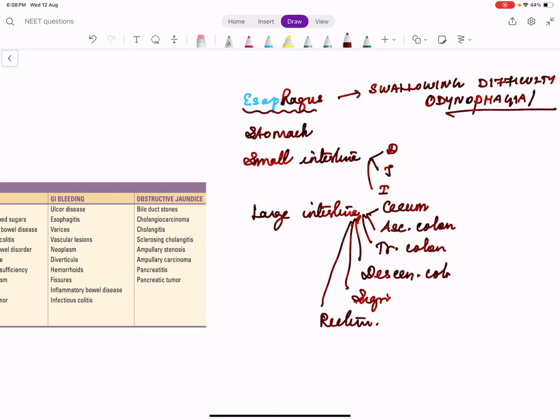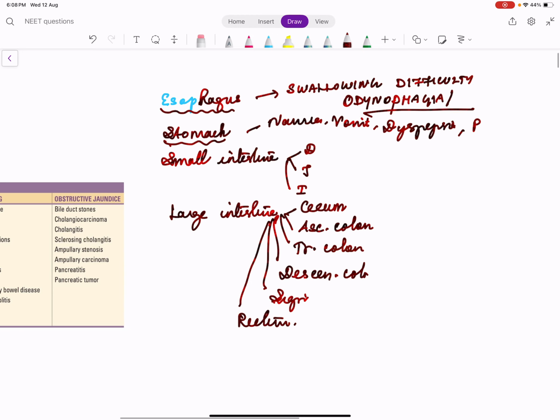Of course, there are other symptoms also. They can cause pain, especially esophageal pain can mimic cardiac type of pain. Stomach usually produces nausea, vomiting, something called dyspepsia. And pain is very typical of stomach.